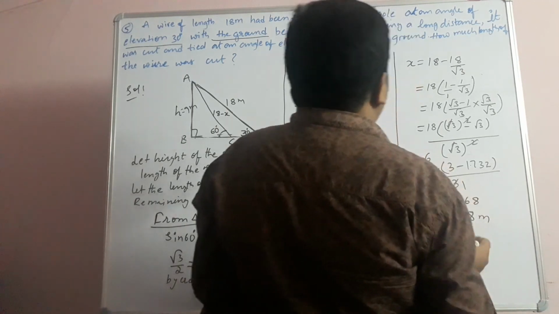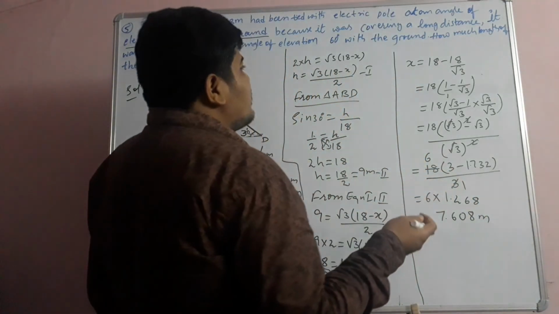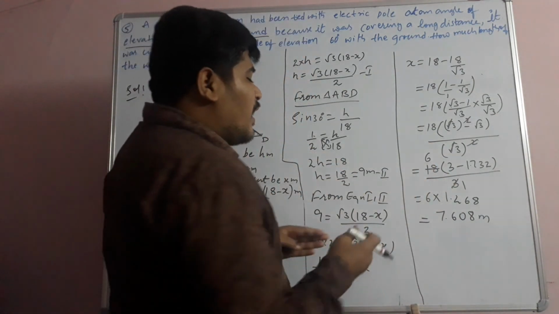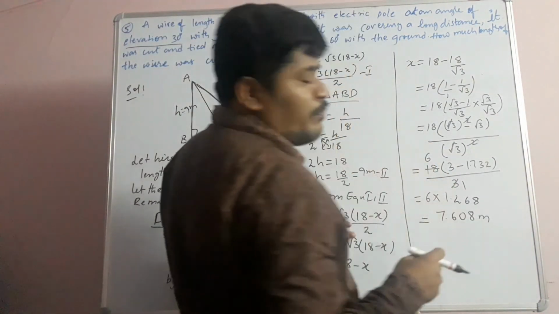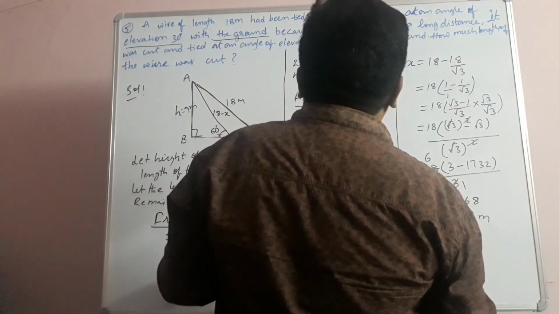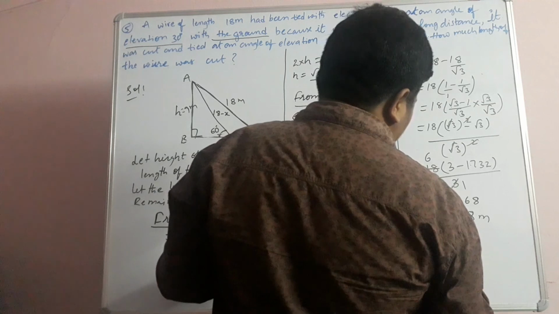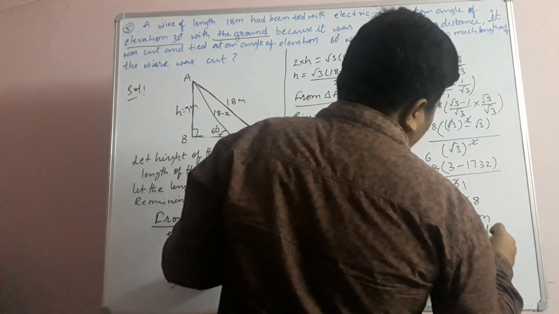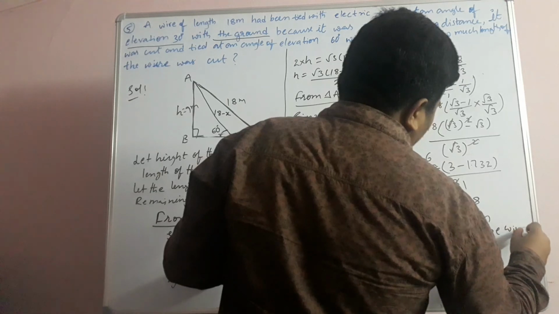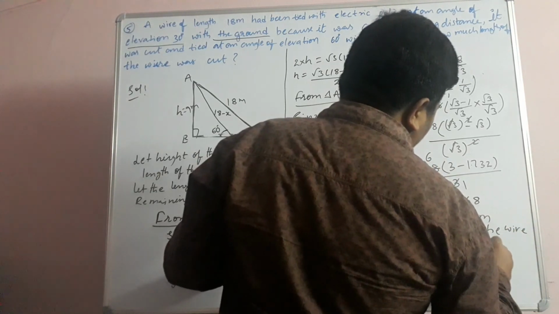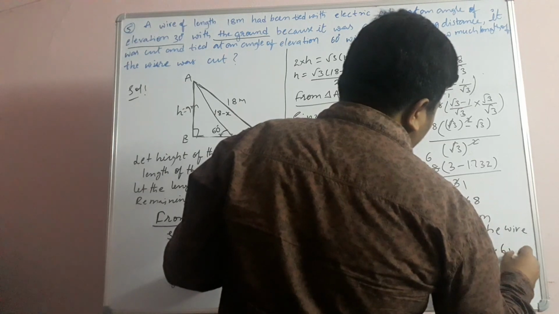So children, they are asking how much part of the wire was cut. So approximately 7.6 meters. So therefore the length of the wire that was cut is equal to 7.6 meters.